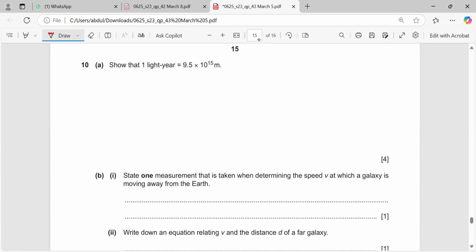So light year is a distance. It is the distance traveled by the light in space in 1 complete year. So we will be making use of the formula v is equal to distance over time. So light year is not a time, it is distance. And see, hint is meters. So distance is v times t. v, speed of light, is 3.0 times 10 raised to power 8 meters per second.